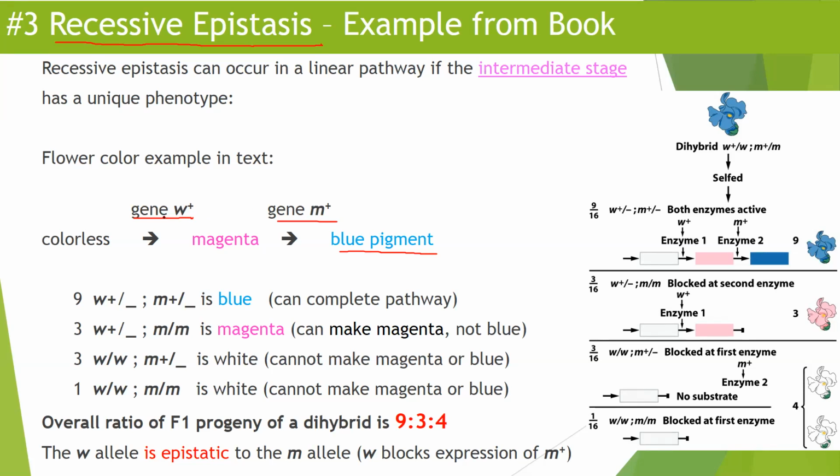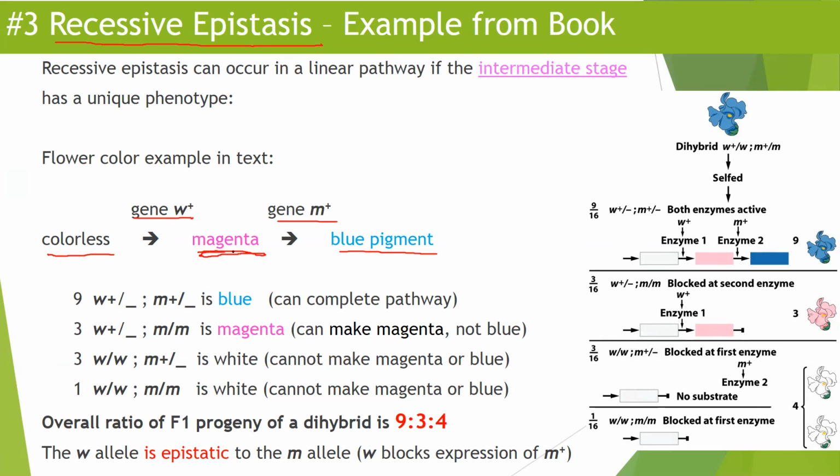Let's look at the function of the first gene. It works on a colorless precursor and transforms it into a red intermediate product.